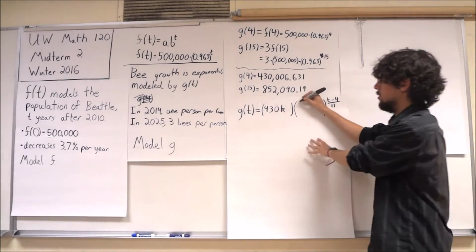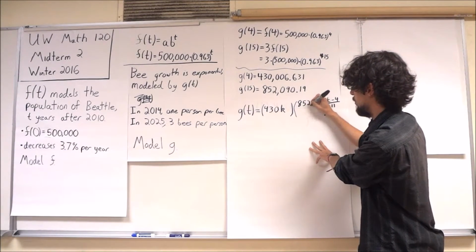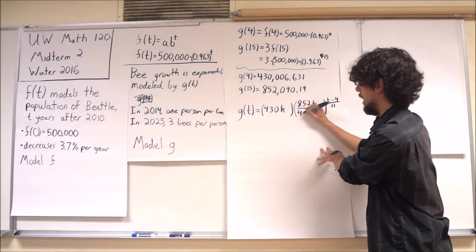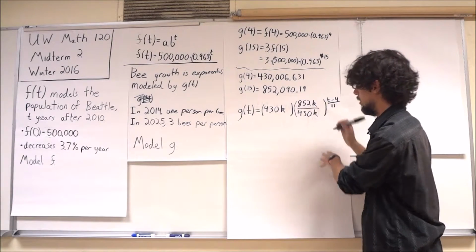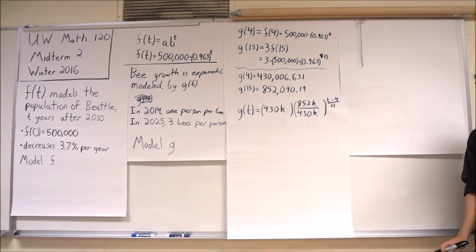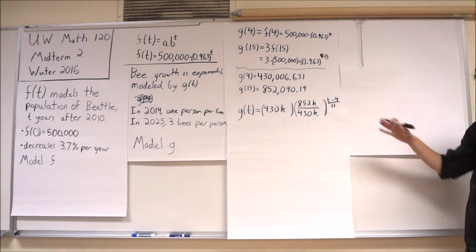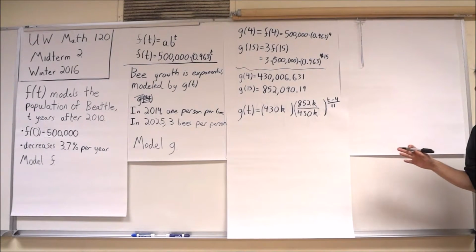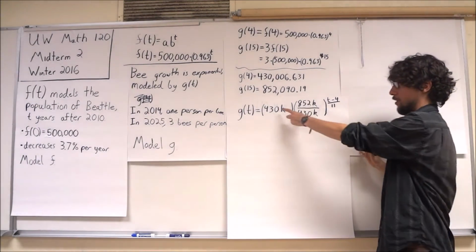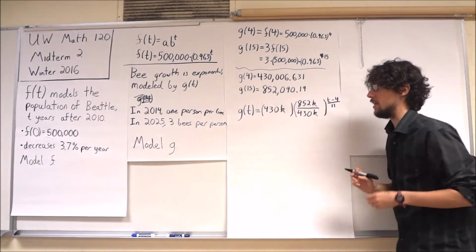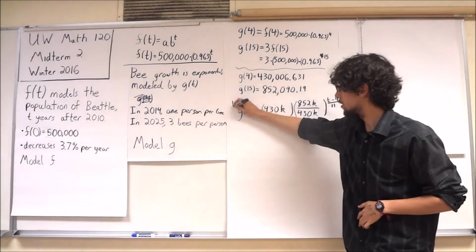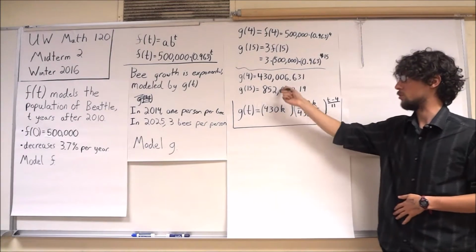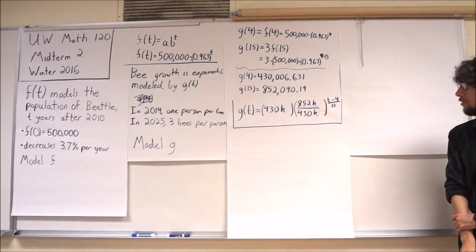So if I write now 852,090 over 430,000, then things behave quite nicely. Notice now that when I plug in t equals 4, I get 430,000. And when I plug in t equals 15, the 430,000s cancel, and I get this 852,000. So here is my solution. Of course, this 430,000 and 852,000 should actually be these more exact numbers.